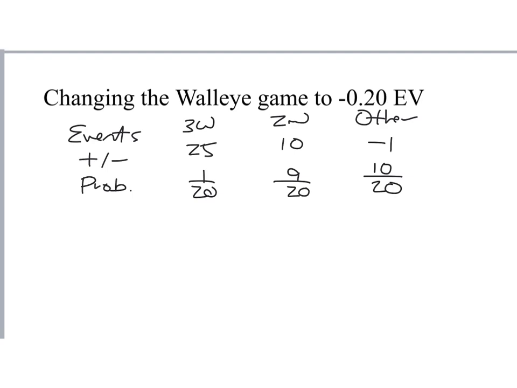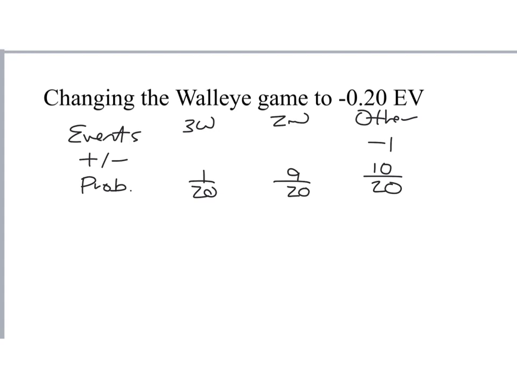All right, so I'm going to alter this a little bit. I have to decrease the prizes in this example. So I can decrease the 3 walleye prize and the 2 walleye prize. 3 walleyes is a 1 in 20 chance of happening.